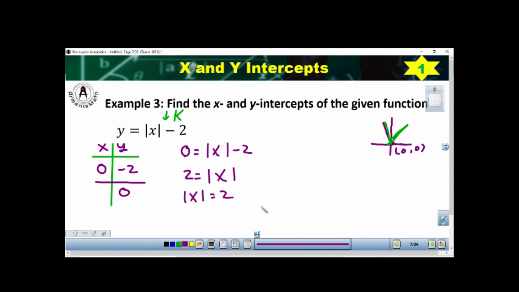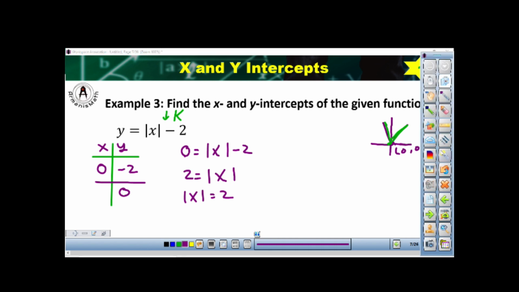Now think a little bit here. You're saying the absolute value, which is a distance, equals 2. So for example, let me see here. If your house is between 2 Subways, like Subway sandwich stores, so there's a Subway here and here's a Subway sandwich store, and your house is exactly in the middle.